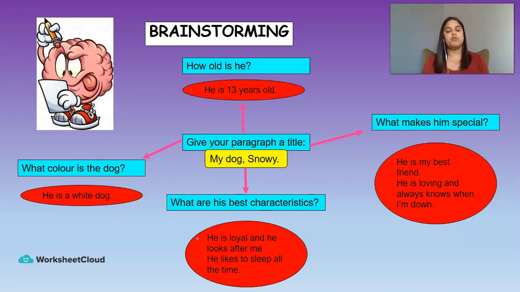Before we move on to the next slide, look at this and try to see how you would design your brainstorming. What do we call this kind of brainstorming, grade 4? We call it a mind map. A lot of the time when we are planning our writing, we use mind maps to do so.